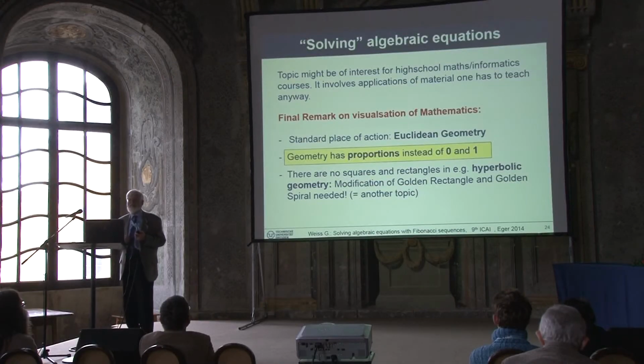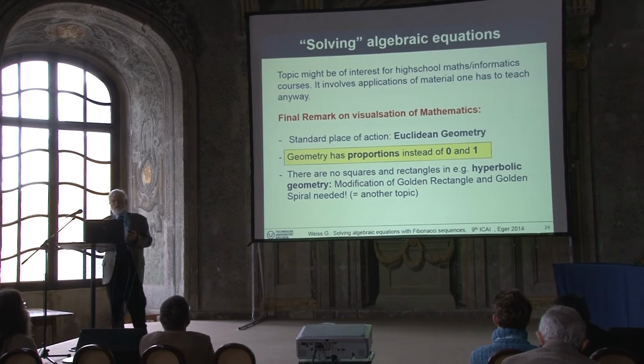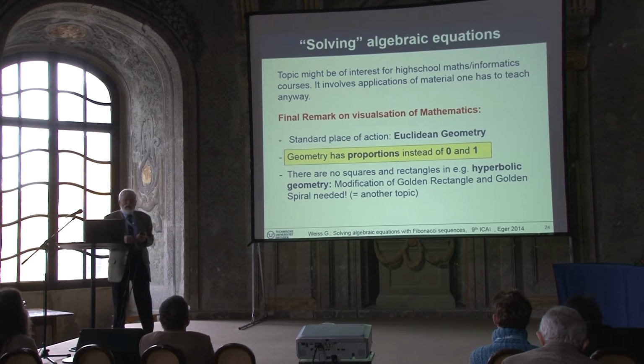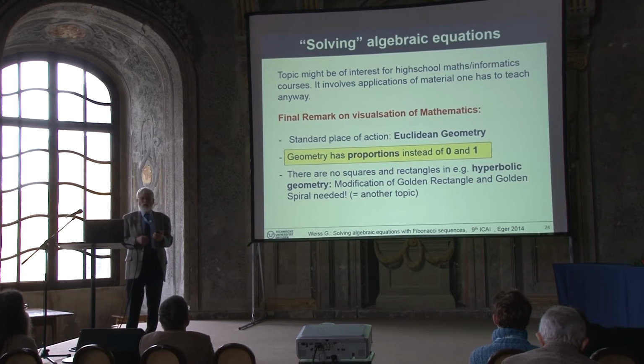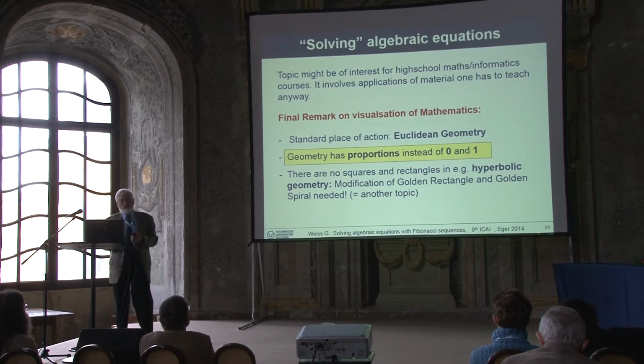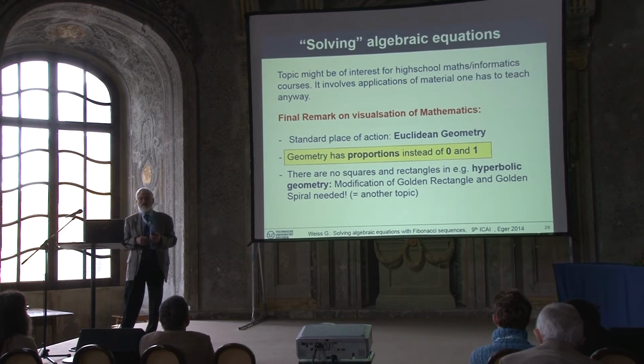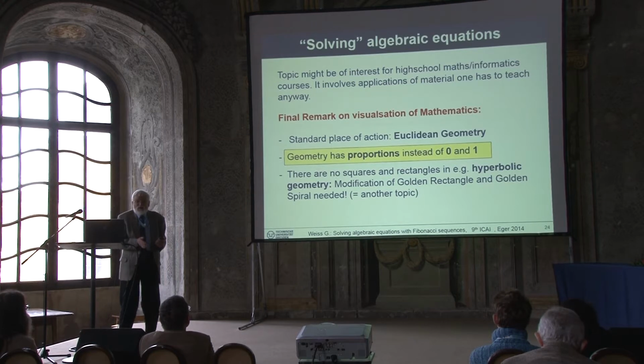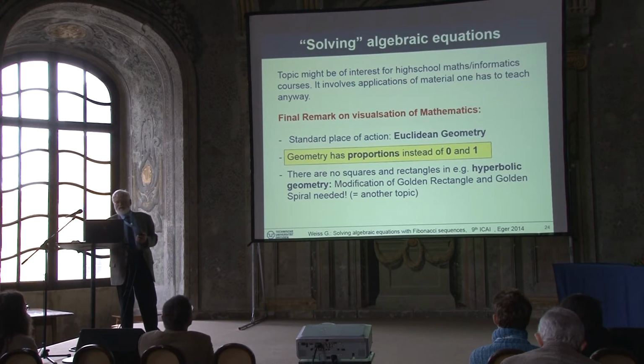The topic might be of interest for high school mathematics and informatics courses, and it involves material which people should know. I think people should know about the golden section, they should know about the Fibonacci sequence, and how to generalize things. They are not closed. You can handle and generalize. Generalization is one of the strongest principles in mathematical research.